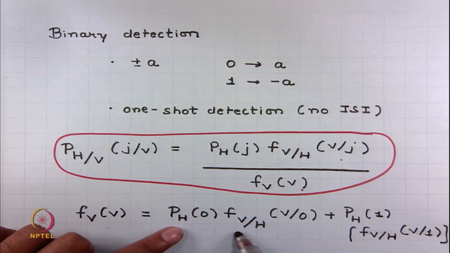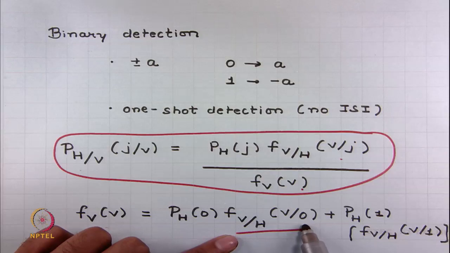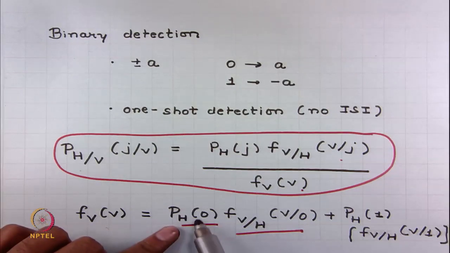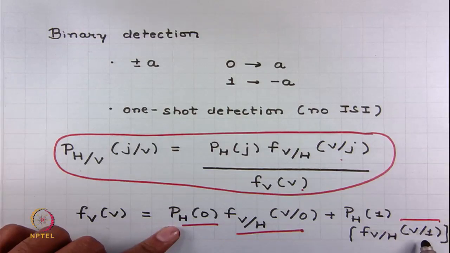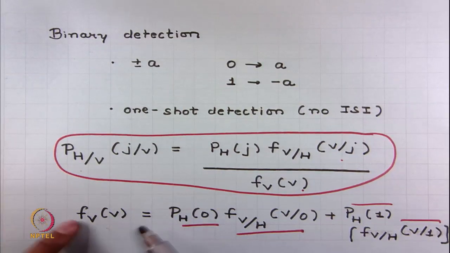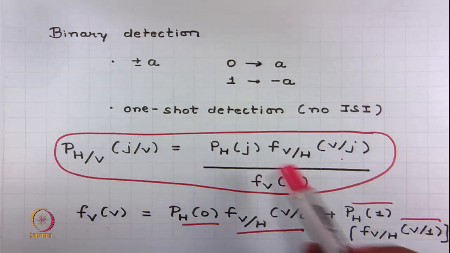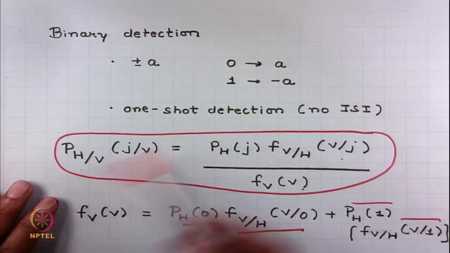So, you have a likelihood given that 0 has been transmitted, multiplied by the probability that 0 has been transmitted, plus the likelihood given that 1 has been transmitted, multiplied with the probability that 1 has been transmitted, and this will give you the PDF of random variable V. So, what is the MAP rule saying? The MAP rule says that choose j for which this quantity is maximum.